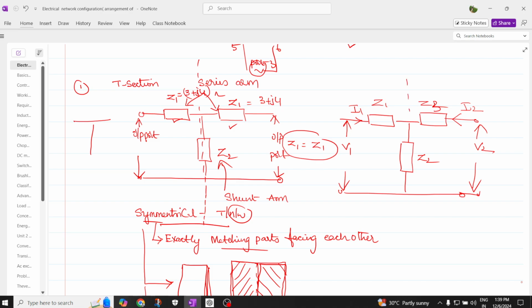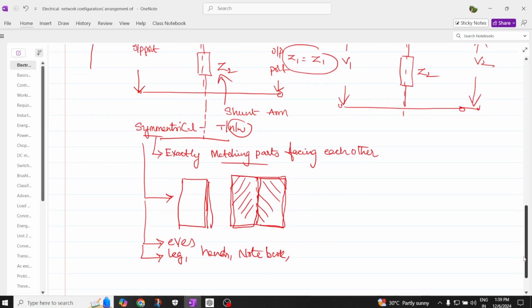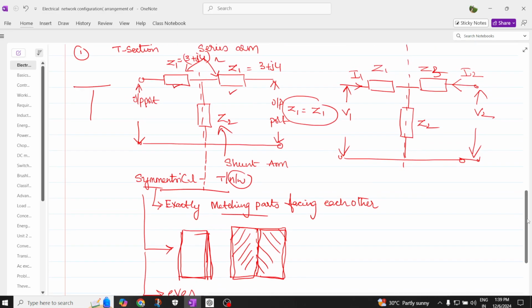So how to say whether this is symmetrical or not, I already told you. If you fold the book, the notes become a rectangle; that's symmetrical. Similarly here, I'm taking the Z1 value as 3 plus J4 and the Z3 value as 4 plus J5.